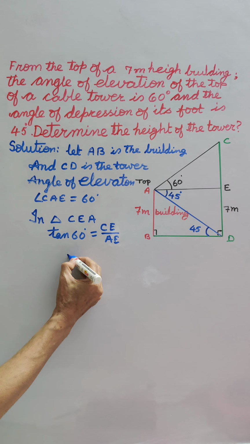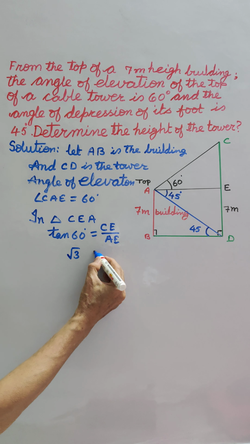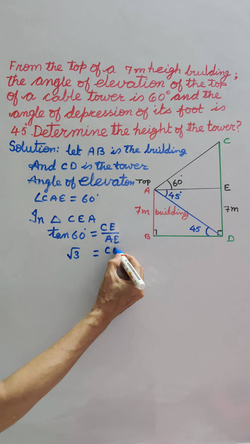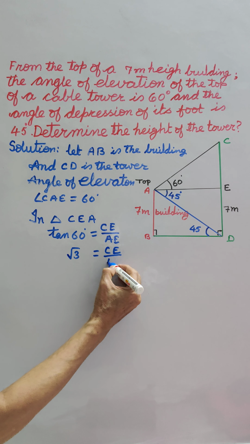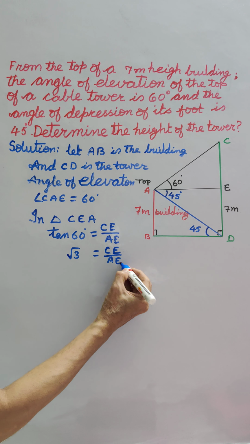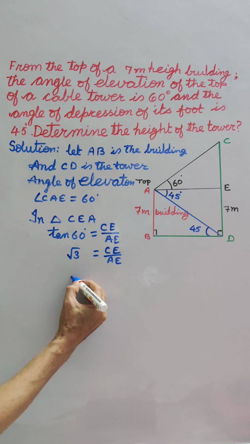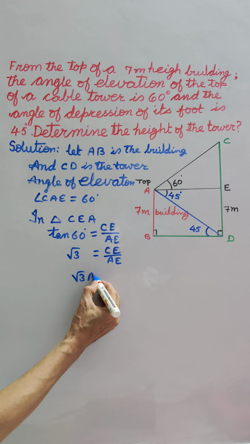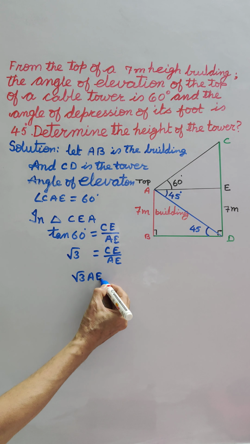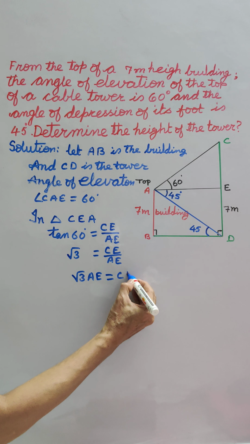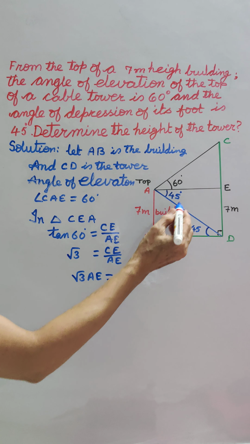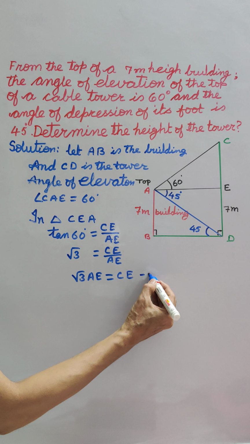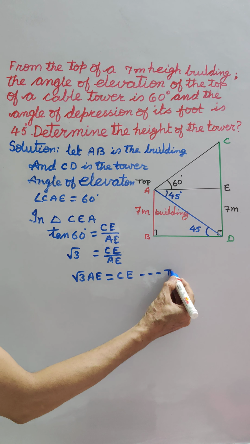The value of tan 60 degrees is root 3. So root 3 is equal to CE upon AE, or by cross multiplication, CE is equal to root 3 into AE. This is our first equation.